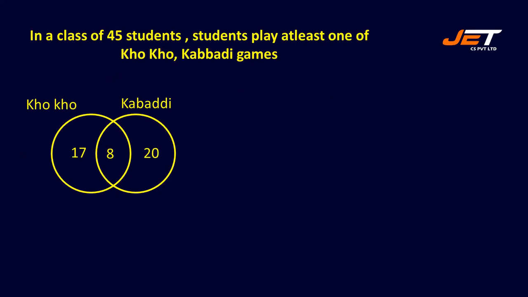A very interesting part. In a class of 45 students, students play at least one of the 2 games. That is kho-kho and kabaddi games. So kho-kho and kabaddi, the circles are represented here. Yes. So now the questions are, how many students play kho-kho?